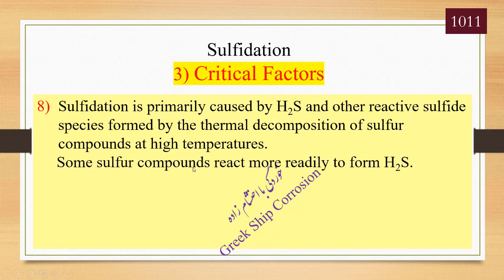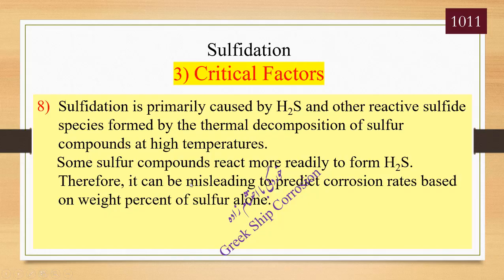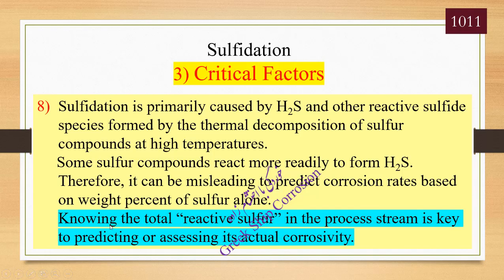Some sulfur compounds react more readily to form H2S. Therefore, it can be misleading to predict corrosion rates based on weight percent of sulfur alone. Knowing the total reactive sulfur in the process stream is key to predicting or assessing its actual corrosivity.